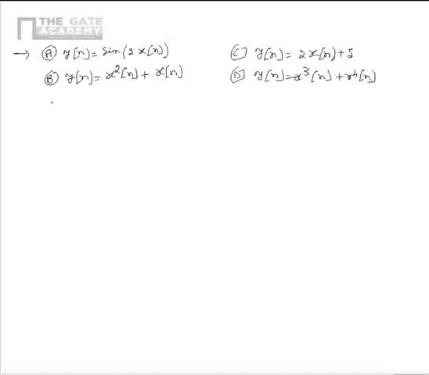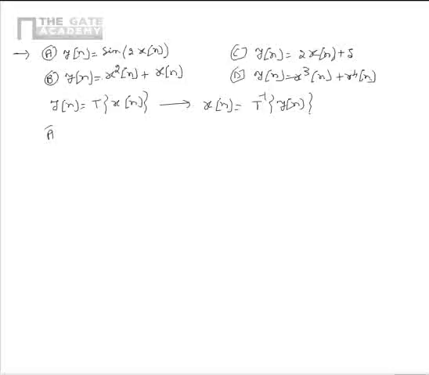We know that a particular system with the IO relation y of n is equal to transformation of x of n is invertible if we are able to find a relation T inverse such that the input x of n can be recovered from the output y of n using the relation x of n is equal to T inverse of y of n.